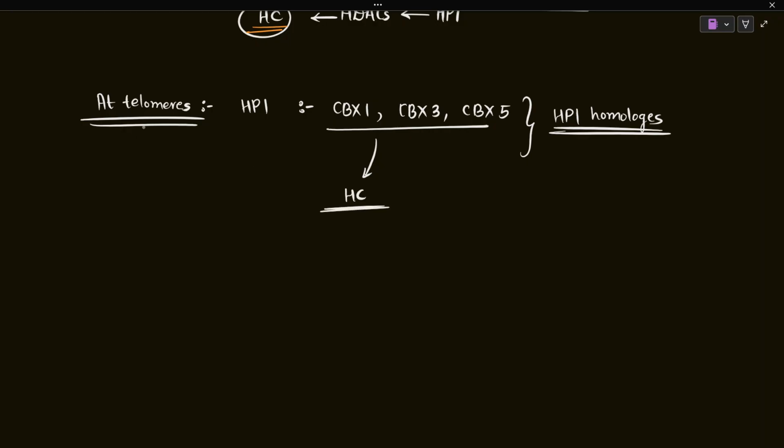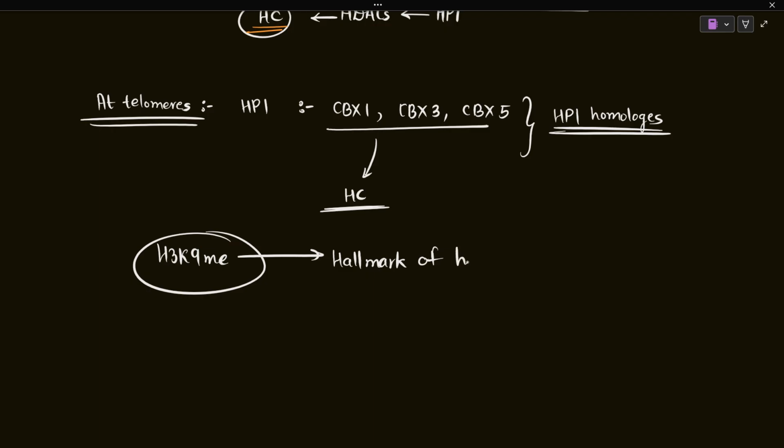So this is the only difference at the telomeres. This is how the H3K9 methylation mark results in heterochromatinization, and that is why the H3K9 mark is a hallmark of heterochromatinization. This is how the H3K9 mark is a repressive mark.